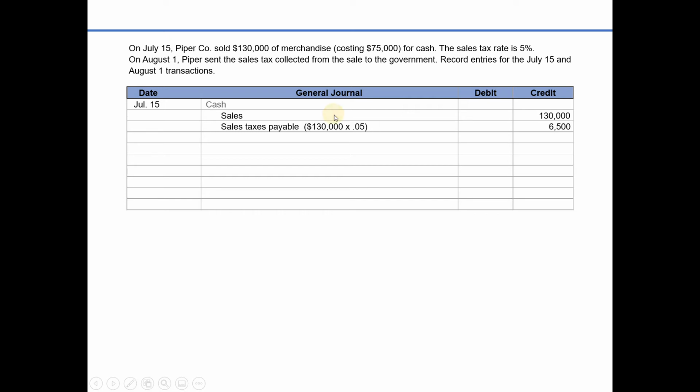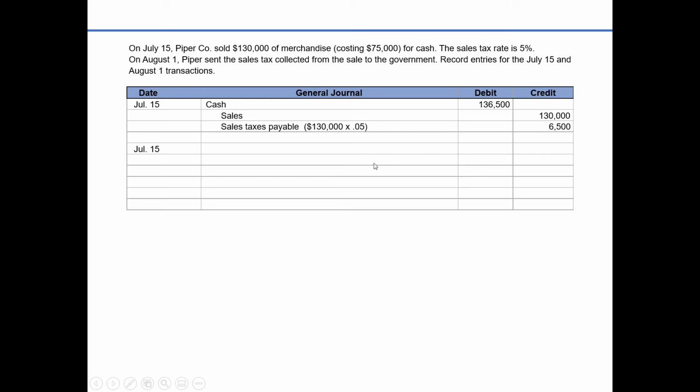So the total amount of cash received is the combination of the sales value of 130,000 and the sales tax collected of 6,500. So total cash received is 136,500. That's the amount we're going to debit to cash. Cash is an asset, so we increase it with a debit.